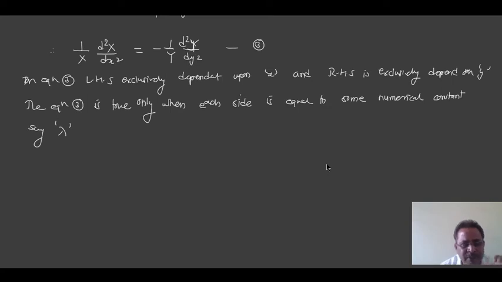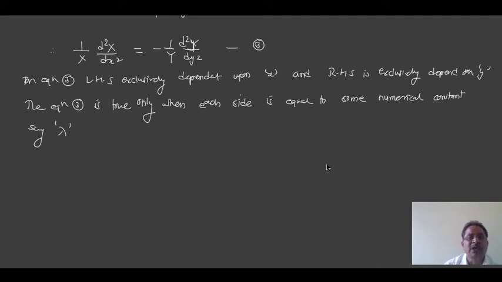Don't get confused here. This is a number, and it can have any dimensions depending upon the problem you are taking. Whether the problem is from classical mechanics, electrodynamics or quantum mechanics, based on that this lambda can be a number with different units. We will discuss that later on.